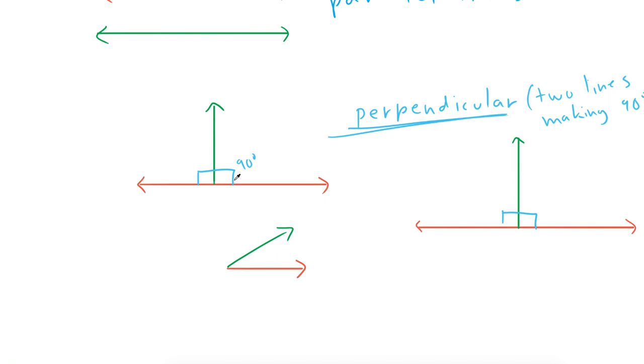Is it making a 90-degree angle? This is 90 degrees here, but is this 90 degrees? No. It's less than 90 degrees, right? So this is not perpendicular because this green line hasn't moved exactly 90 degrees. It would need to move straight up in order for it to be 90 degrees.